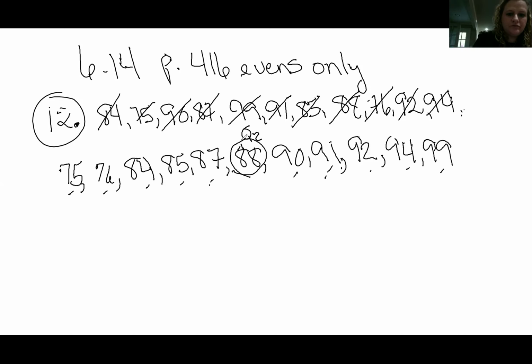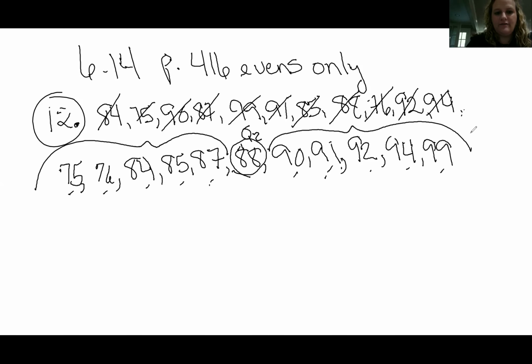Now, from the median over is the lower half. From the median to the right is the upper half. Okay? So now let's find the first quartile, which is simply just finding the median again, but only of these numbers.